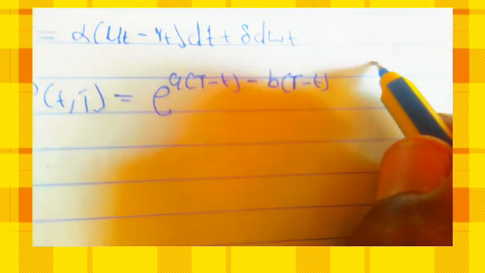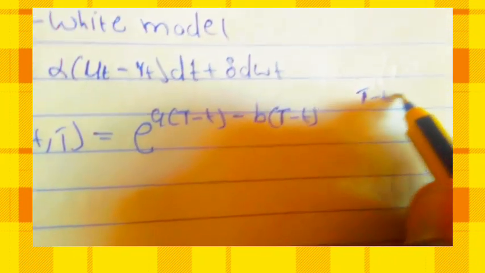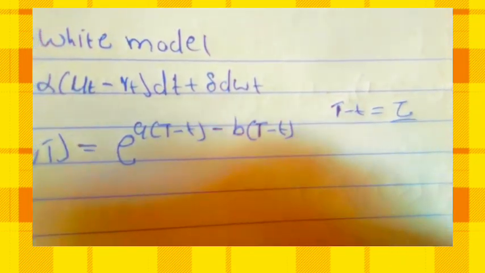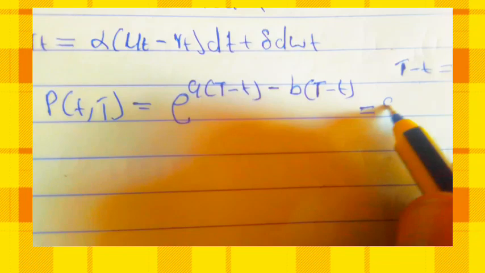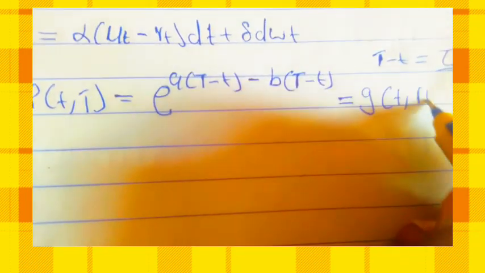So that means T minus t is equal to tau, which is equal to g(t, r_t).